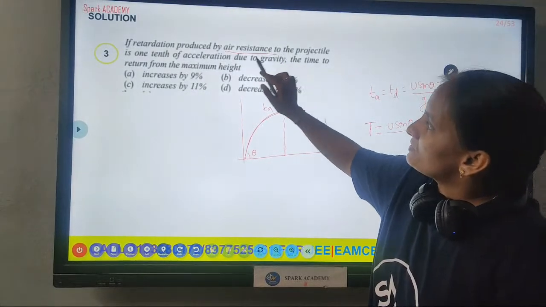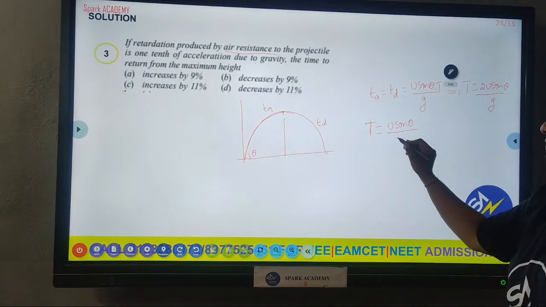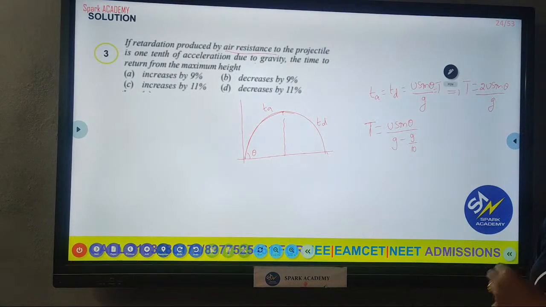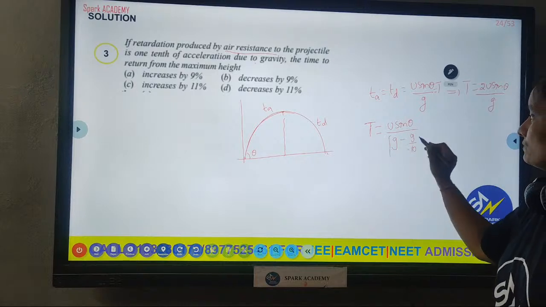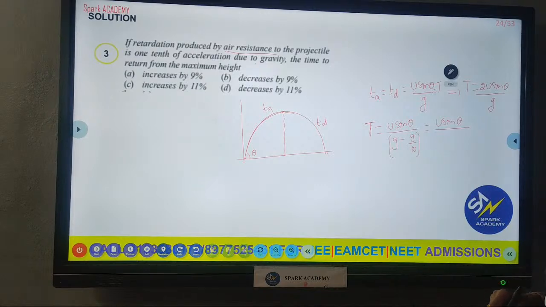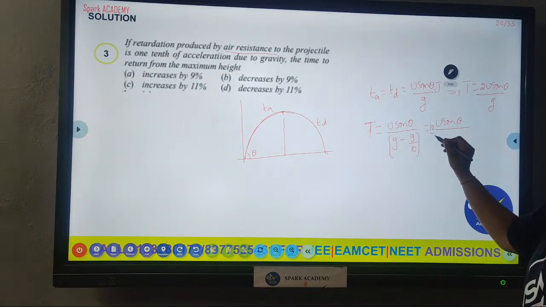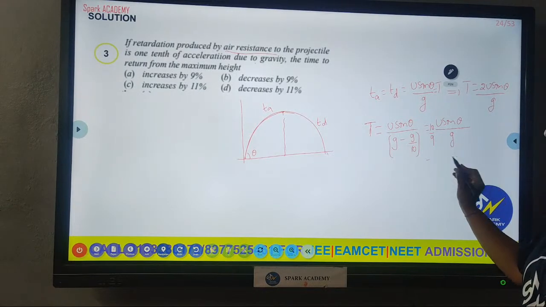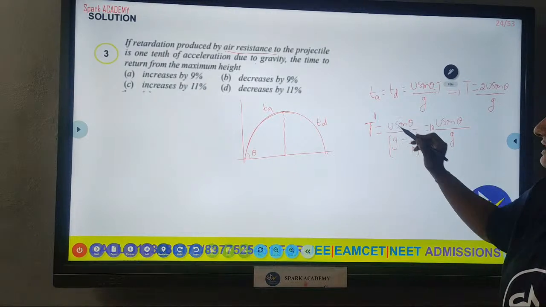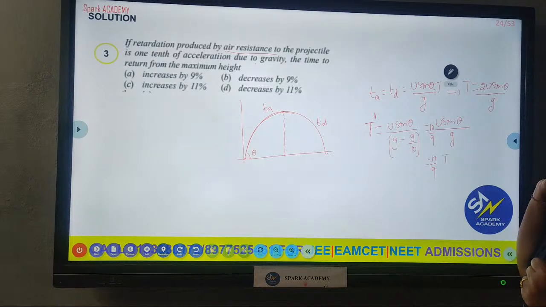Retardation produced by air resistance is 1/10 of the acceleration due to gravity, so it can be written as g minus g by 10, meaning it is reduced. So we can say u sin theta by, if you take LCM, 9g by 10. The 10 will go up, so we can write 10 by 9 into g. So when there is air resistance, let me say it is T dash, and this is T. So it is 10 by 9 times the initial time period.